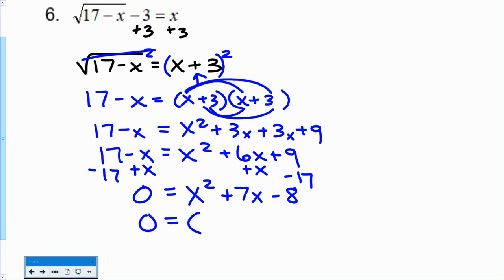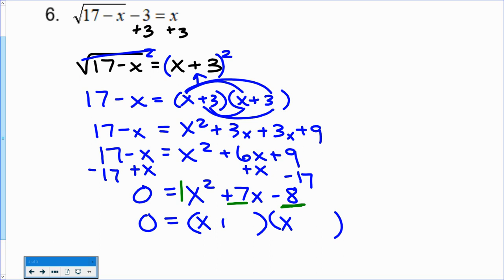This one is factorable because there is a number that multiplies to negative 8 but adds to 7. Remember, my a value would be 1 in front of that x squared, so I don't need to worry about the guessing and checking piece.